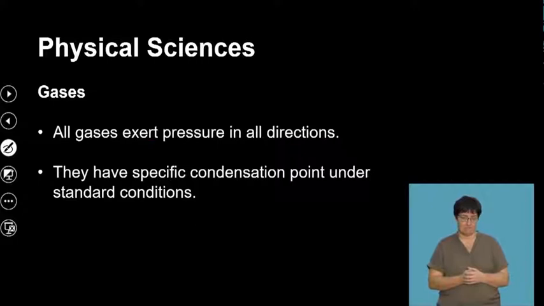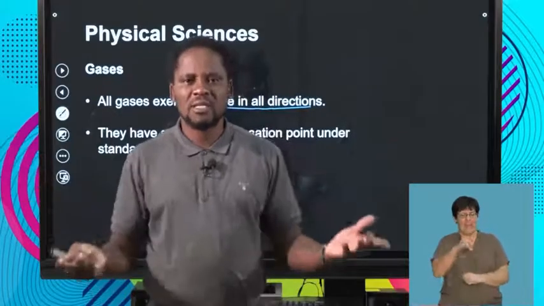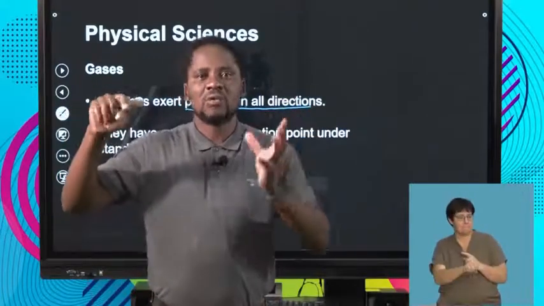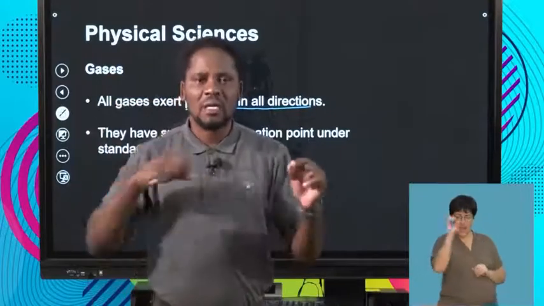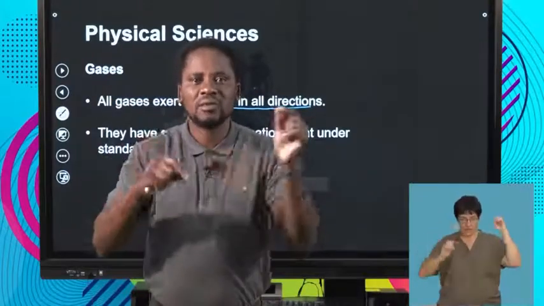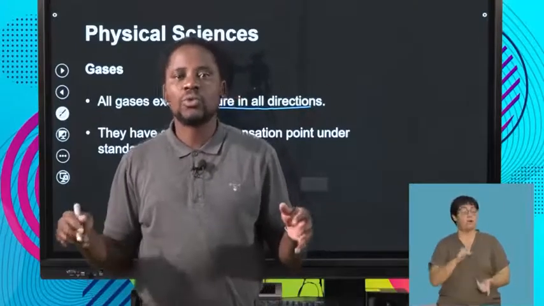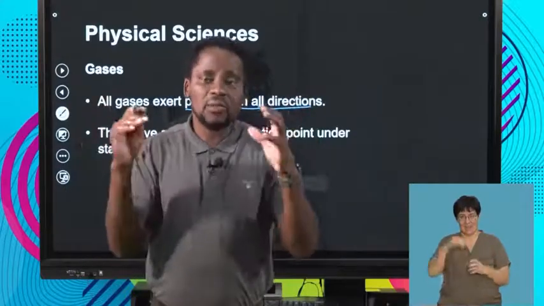Okay, now, all gases exert pressure in all directions. We shall talk about what exactly the pressure of a gas means, because you immediately realize that if we were to model the behavior of particles of a gas, this random movement of particles, filling up all the spaces available, has a lot to do with the pressure that a gas exerts inside a container.